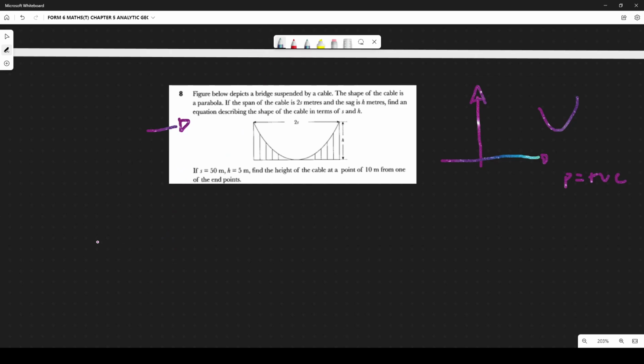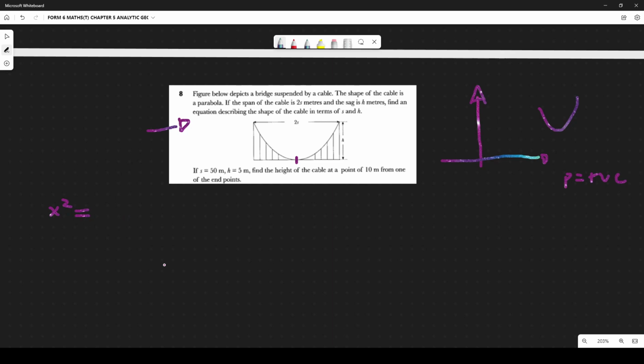So the first part of the question is the one in terms of S and H. How do we go about that? You can write the equation as x squared equals to... we just set this as origin, so it's 0, 0, so we don't have to have minus, minus, whatever it is.